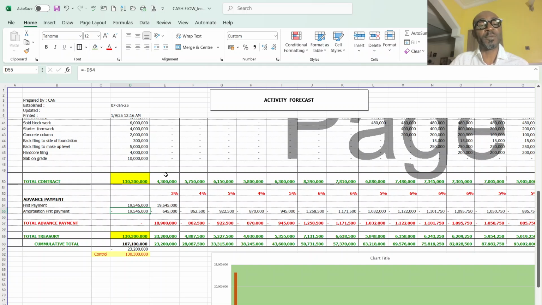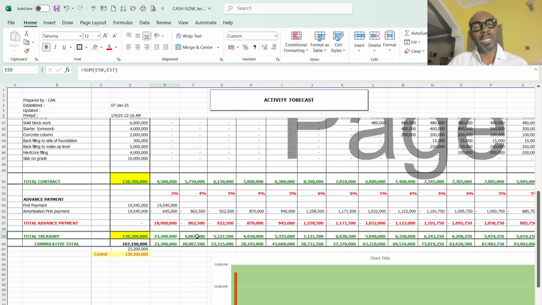Then for the purposes of the treasury, how much are we having in treasury each day? So now I have 19 million that was given to me. I have 4.3 million that I have worked that will be paid to me. Then I have 645,000 that will be deducted from this amount. So in my account, I should have 23,220,000 in day one.